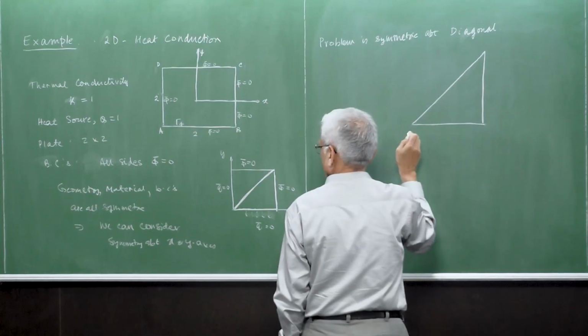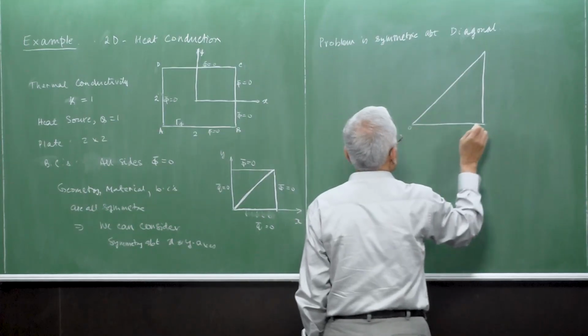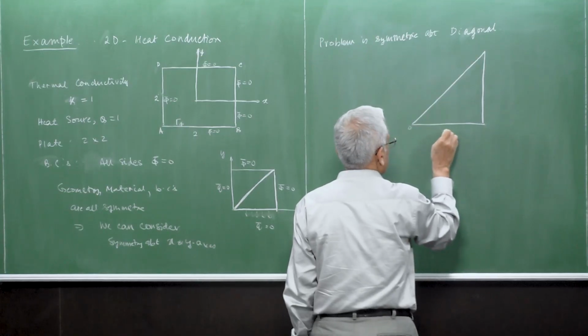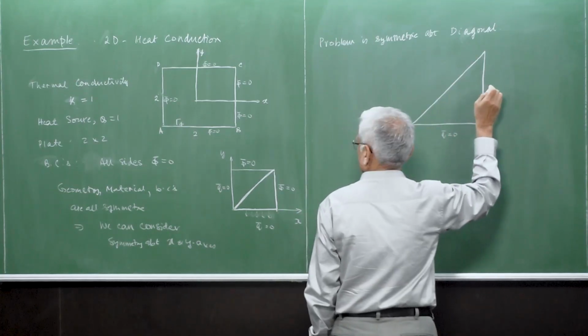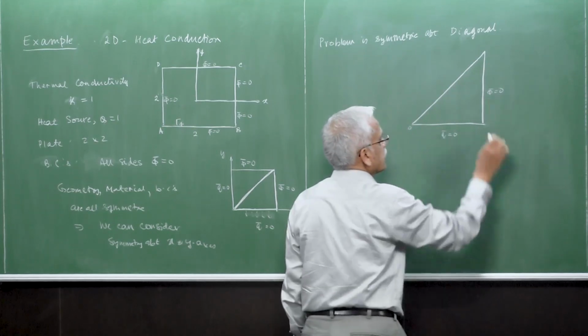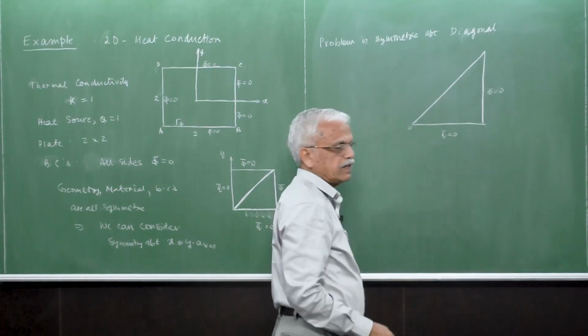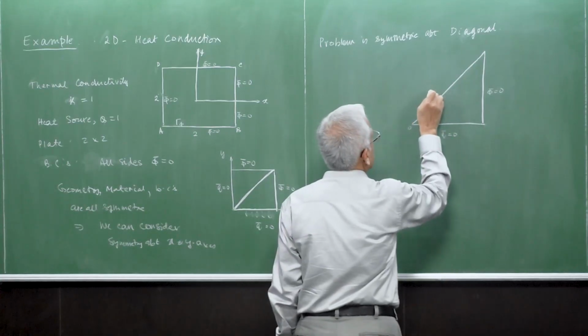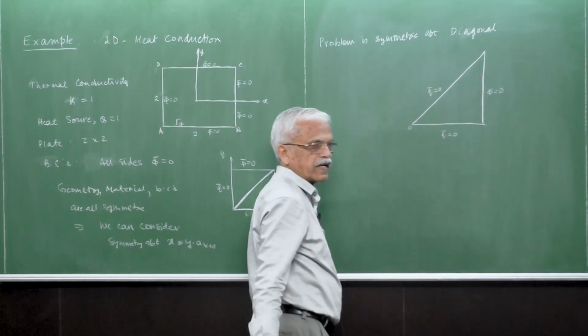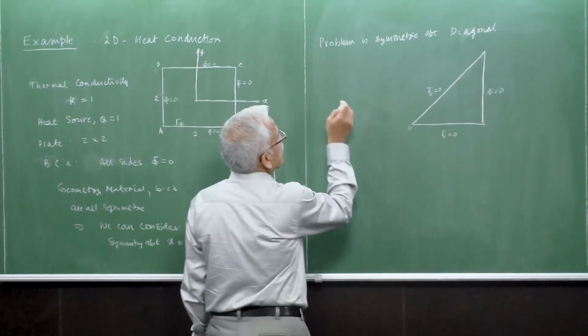Okay, so this is the origin here, and here we have q bar 0 and phi bar 0 here, and again because it is a symmetric thing, no heat is leaving or entering, right?